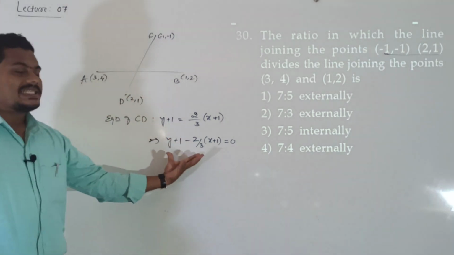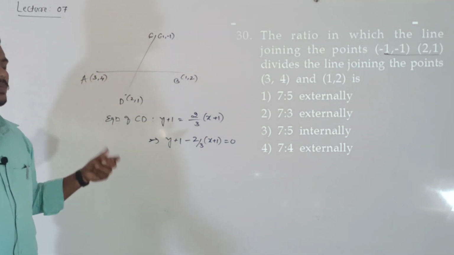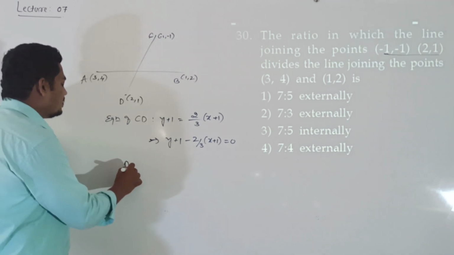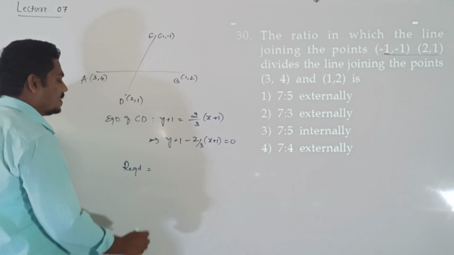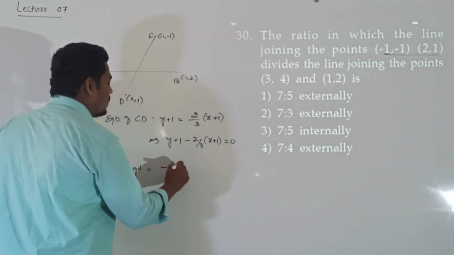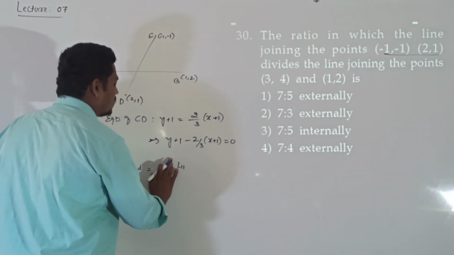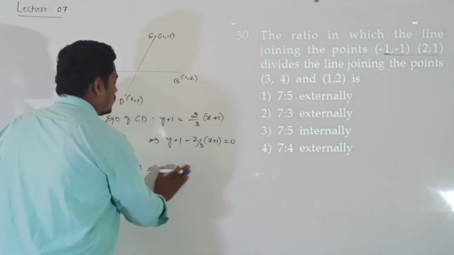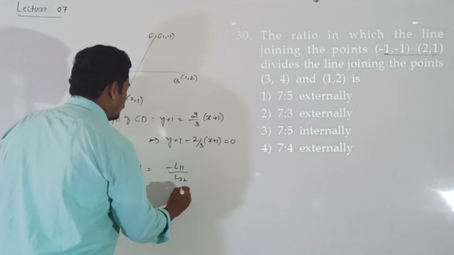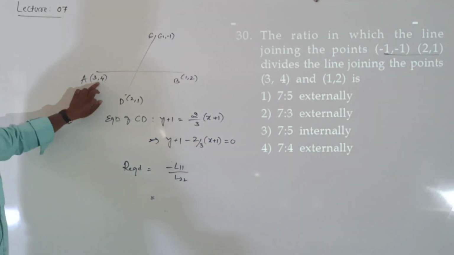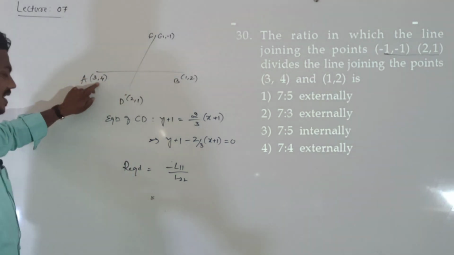In what ratio does this line divide the line joining these 2 points? The required ratio, clearly it is like ax plus by plus c only, divides it in the ratio of minus L11 divided by L22. Put the first point in the given line, it gives L11 value.